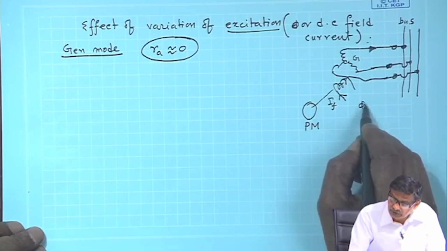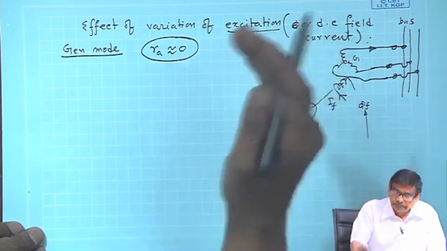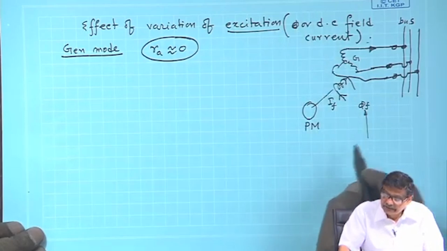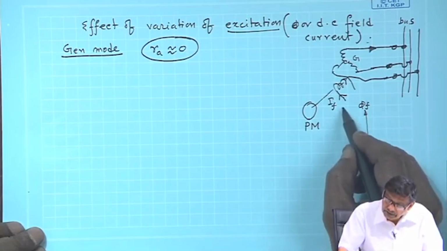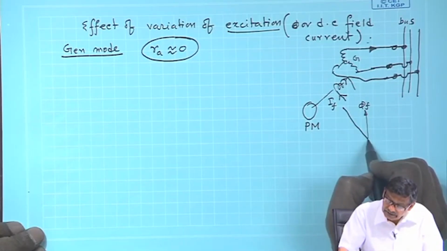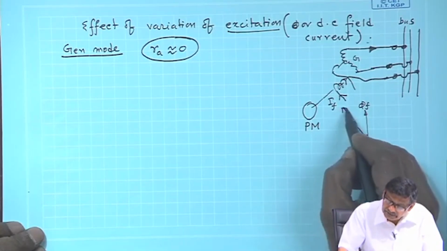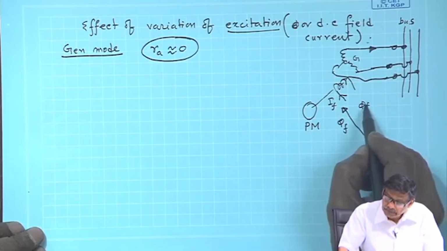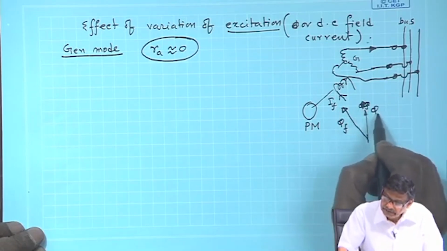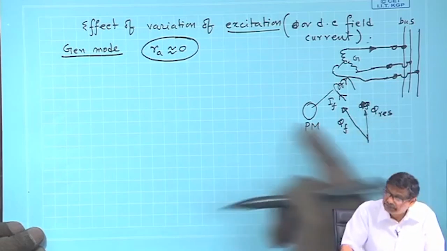So, if this is the rotor field phi f, in case of generator mode of operation, your rotor field phi f will be ahead of phi resultant, that we have seen.